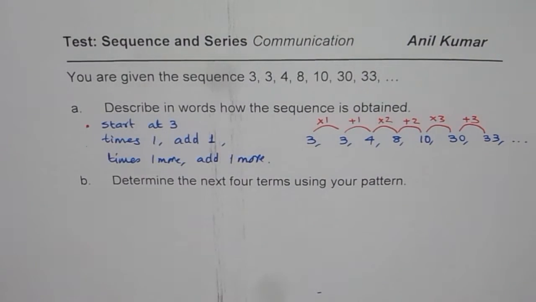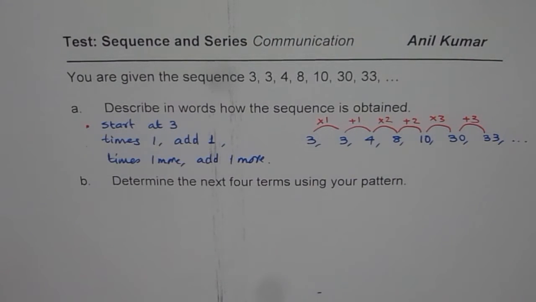So that is how you could describe this, but I think the diagram here clearly indicates what kind of pattern we are trying to figure out, right? So first you times by 1 and add 1, and then you do times 2, and then you add 2 to get the next term, right?